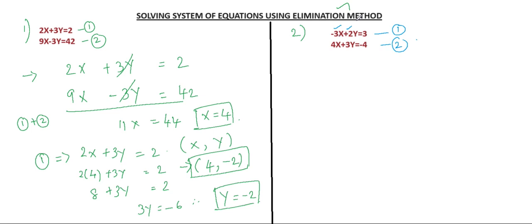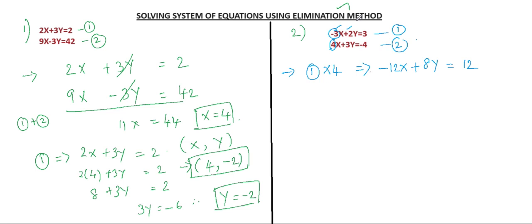Now you can see for the x value, dear students, here you have minus 3 and here you have 4. So I'm going to multiply equation 1 with 4. When you multiply equation 1 with 4, you get minus 12x plus 8y is equal to 12.